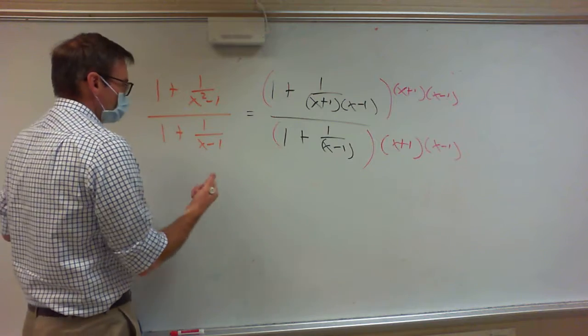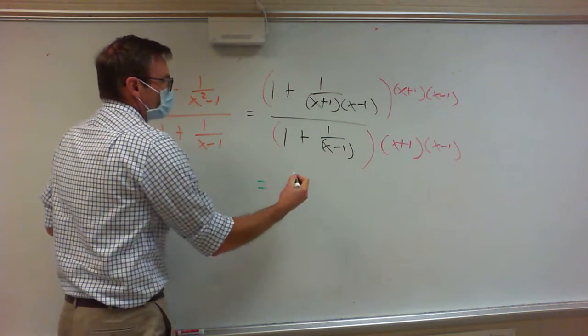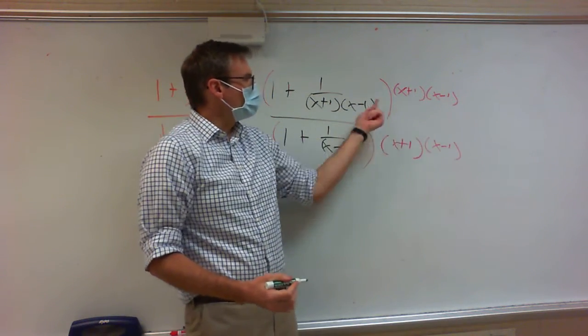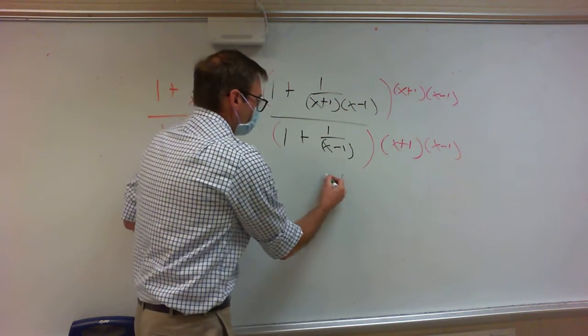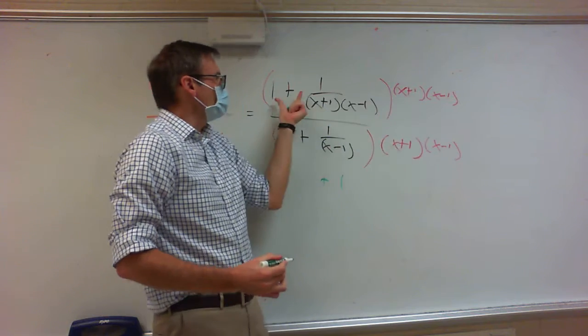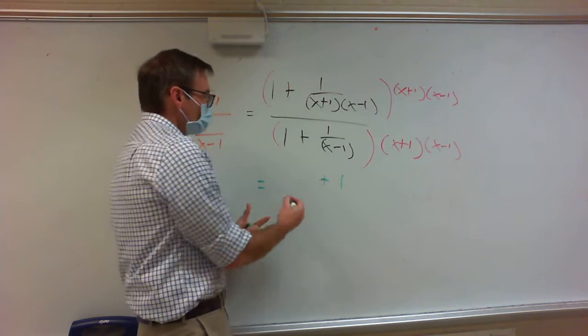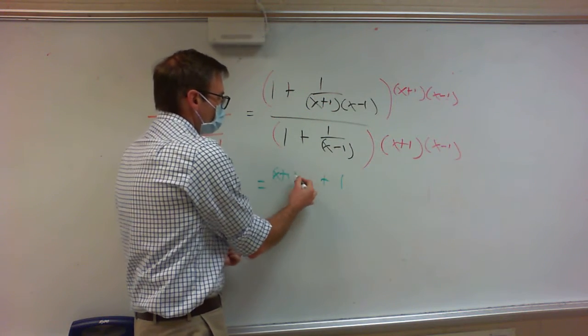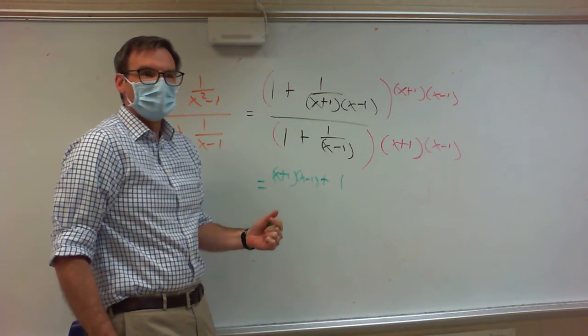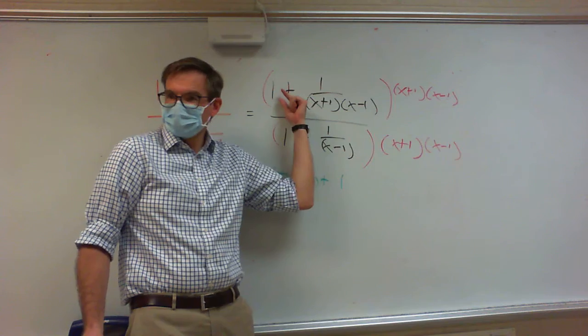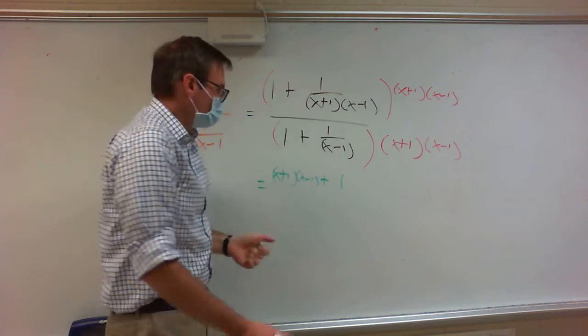Now, let's see what happens. Are we okay that this times this, everything cancels out, we're just left with a 1? Okay. Are we okay that this times this is going to give me that (x plus 1) times (x minus 1)? Is everybody okay with that step? All right.